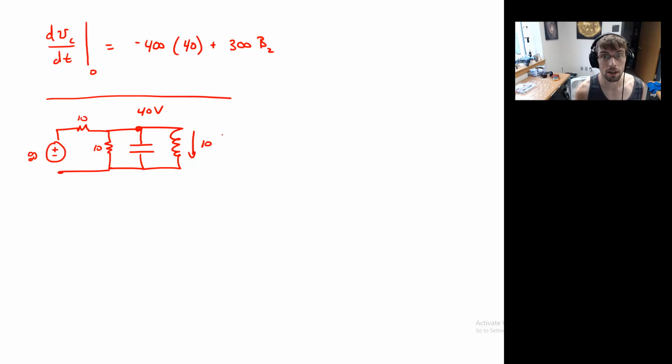So let's just write down the node voltage here. You get 40 minus 80 over 10 plus 40 over 10 plus IC plus 10 equals 0.